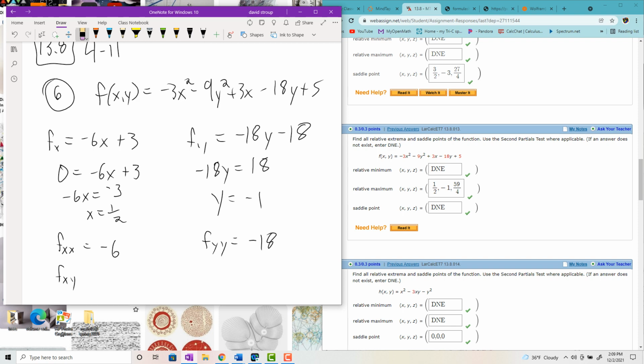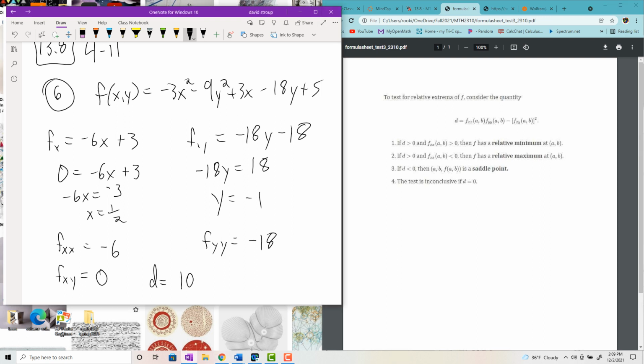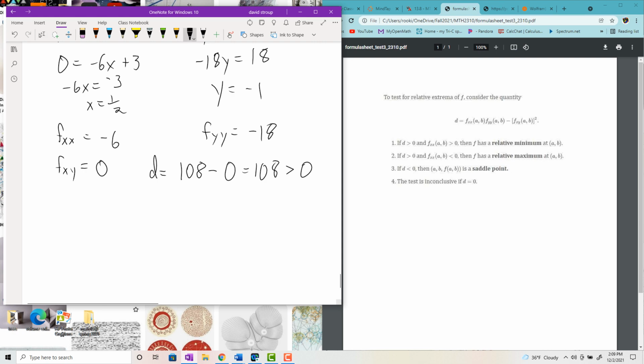So fx then with respect to y is just 0, and then d will be fxx times fyy from your formula sheet. So it's going to be 6 times 18, which is 108, I think. And then minus fxy squared, which is 0 squared, which is 0. Ultimately, that's 108, so our d value is greater than 0, so it's either a max or a min.